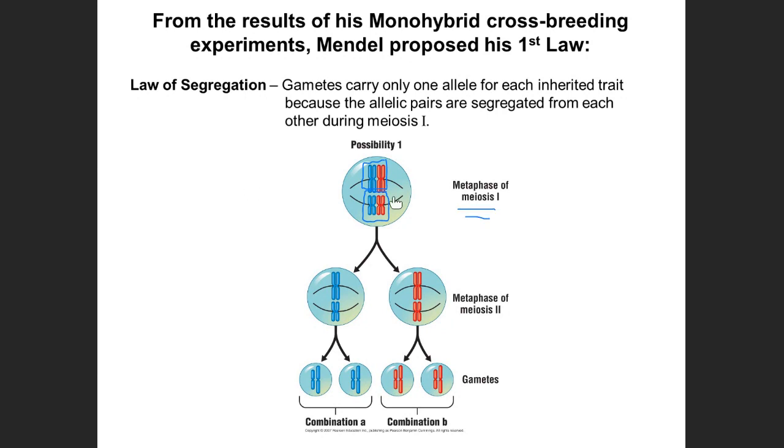The purpose of meiosis 1 is to take a diploid nucleus and transform it into two separate haploid nuclei. What do we mean by that? We want to segregate or separate these homologous pairs. I want to take one of these two homologs and package it in this haploid cell, and take its other homolog and package it in this other haploid cell.